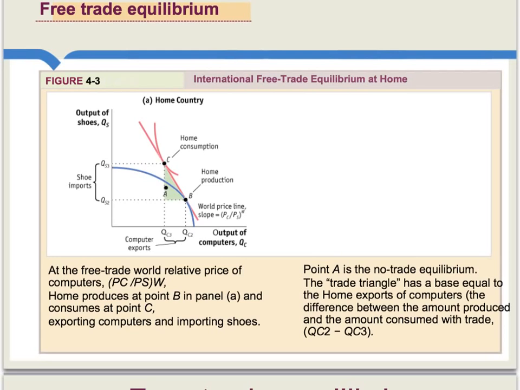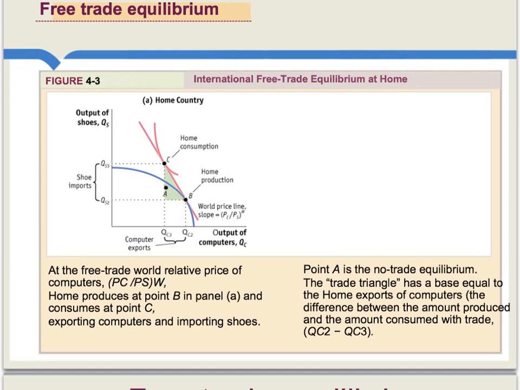So we want to now ask, what is the point along the PPF that the home country will pick, knowing that it can then trade up along this price vector to get a different allocation of shoes and computers? Well, the way this is pictured, the home country gets on the highest indifference curve by producing at point B. Previously, without trade, they had been producing at point A, but now they will produce at B, which means producing more computers than before.